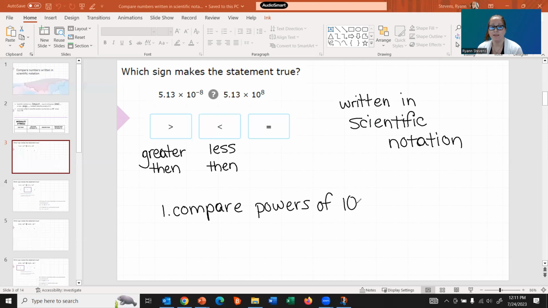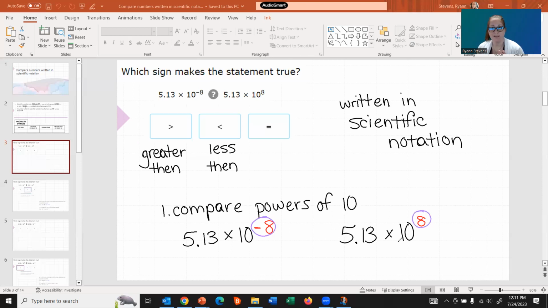We want to look in this case and see which one has the greater exponent that's attached. And so when we have this number, we have 5.13 times 10, and then we have this exponent of a negative 8. And then on the other side, we have 5.13 times 10, and now we have a positive 8. So just looking at these exponents that are attached, we have a -8, a +8.